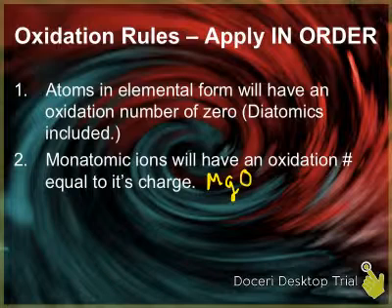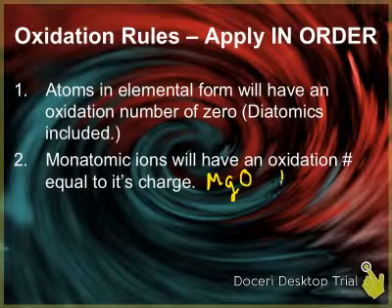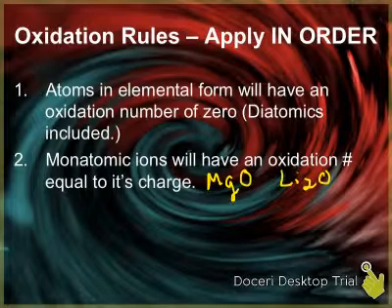It doesn't mean that we can only have one magnesium, so it could also be like Li2O. It doesn't mean that there only has to be one of them. It just means no polyatomic ions. So is there a monatomic ion? Yes. Magnesium has an oxidation number equal to its charge. So magnesium, second column, its charge is 2+, its oxidation number is also 2+.